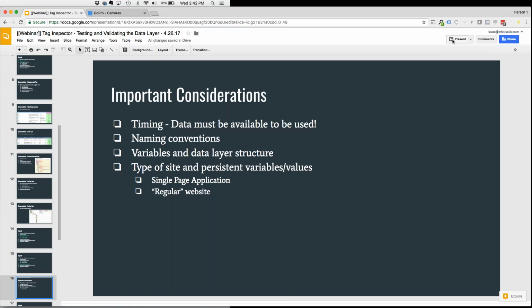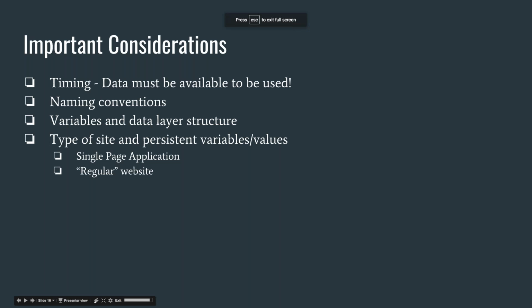So, getting into some of those important considerations to really think about. Number one, timing. And I have an exclamation point here because it is critical. Data must be available to be used. People sometimes will forget that.